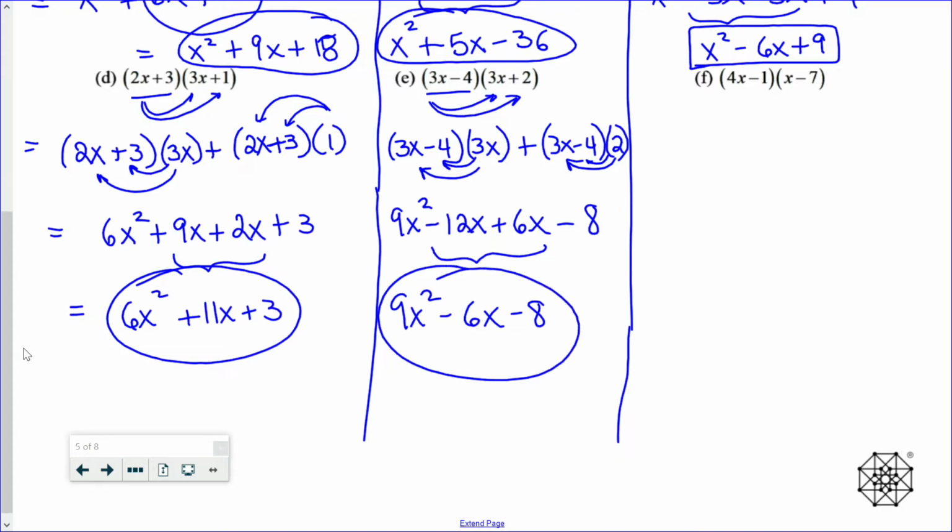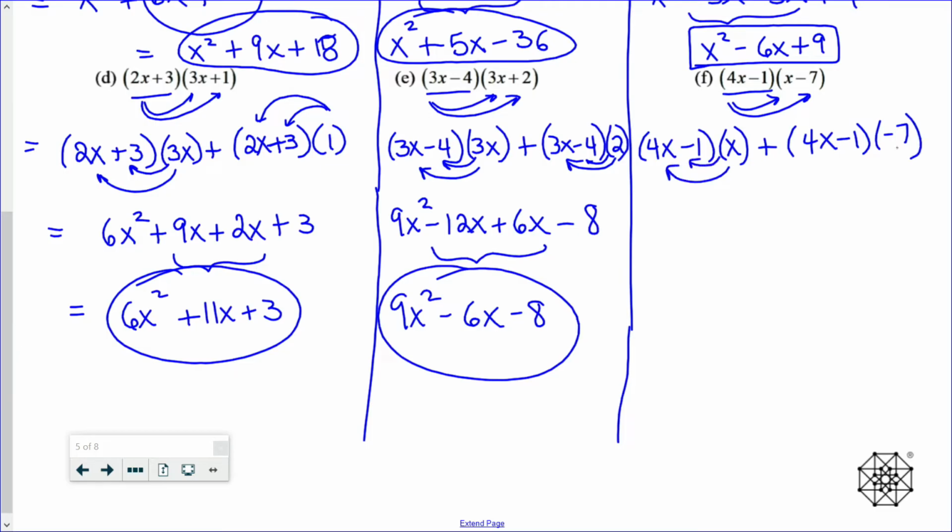All right, final problem. Lots of negatives involved here. I'm going to distribute that 4x minus 1. I have 4x minus 1 times x plus 4x minus 1 times negative 7. All right, distribute the x back through. Distribute the negative 7 back through. I have x times 4x, 4x squared, x times negative 1, which would be negative x.